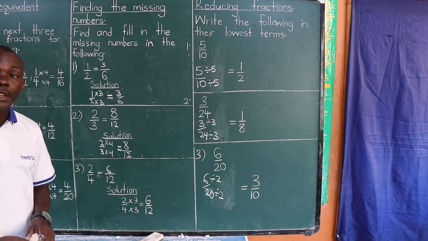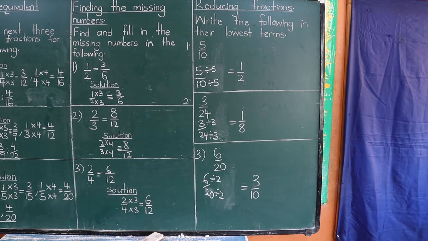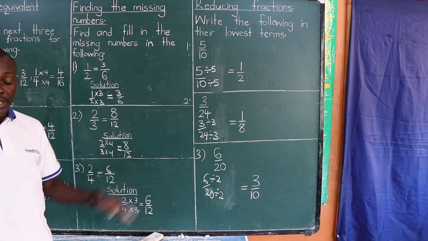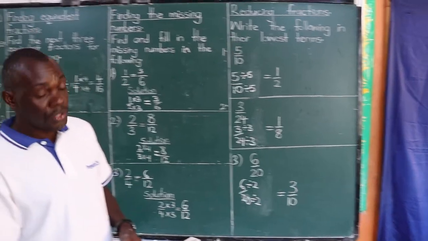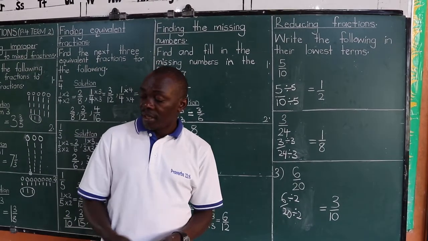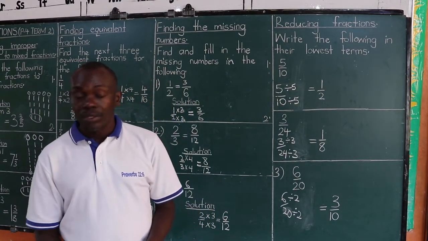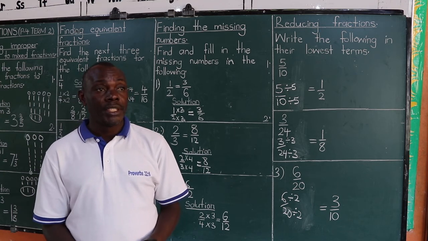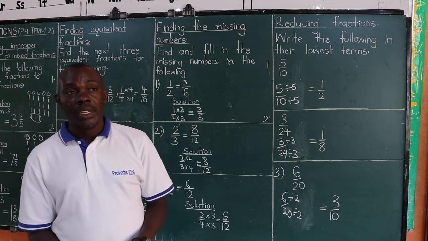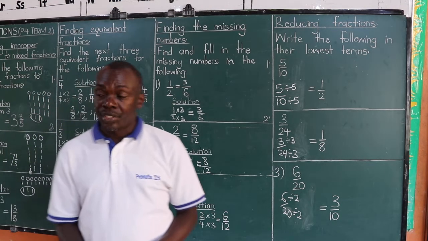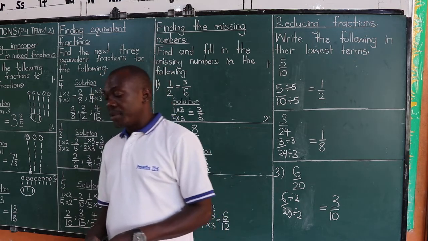So that's how we reduce a fraction, and to get the equivalent fractions, we multiply by the common number, like we've done before. So that's how we work out this work, that is all the way from page 6 to 11 of the same workbook.